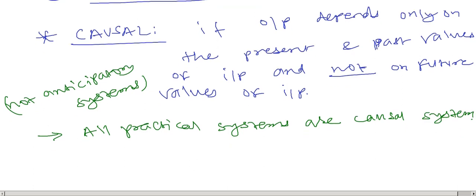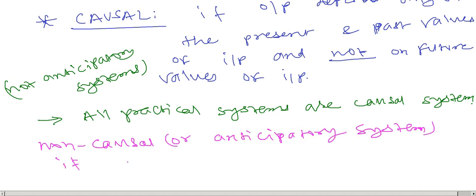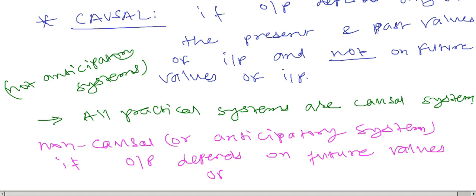As opposed to this, a system would be non-causal or anticipatory if the output depends on future values of input. For example, the input-output relationship y of t equals x of t plus 1.